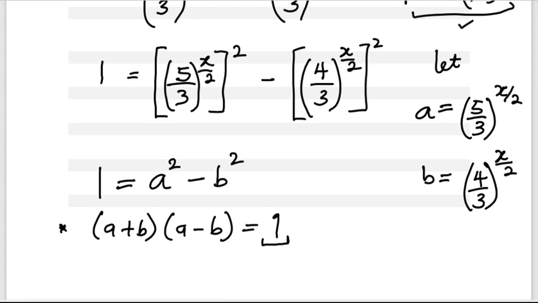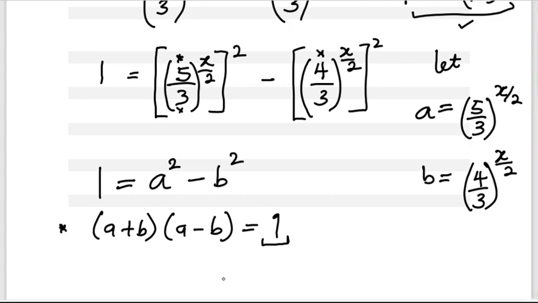And there are so many numbers that can do that, like 1 over 2 times 2 will give us 1, 3 over 4 times 4 over 3 will give us 1, but there's only one correct value that we need. And to find that value, I'm going to show you how, because this is where the trick comes. How to find one of such numbers: you're going to add the numerator here 5 plus the numerator here 4 and divide it by the common denominator.